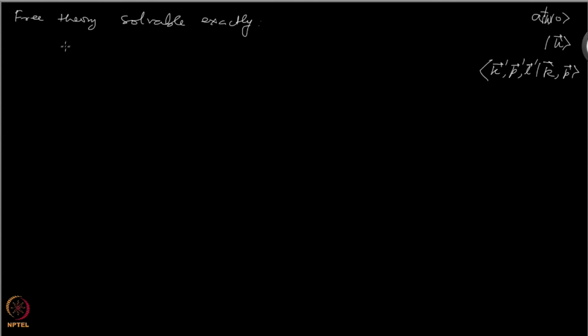But in our present case, because phi is an interacting field, if you start with phi at t naught at position x, I mean if you are given this field at time t naught, then the field phi at t, x is given by the following operation.